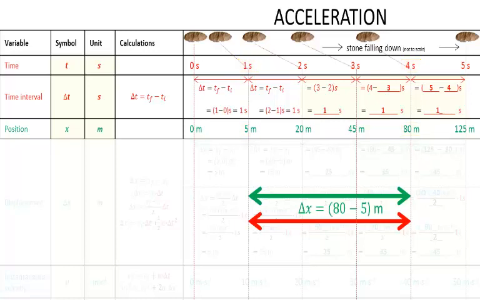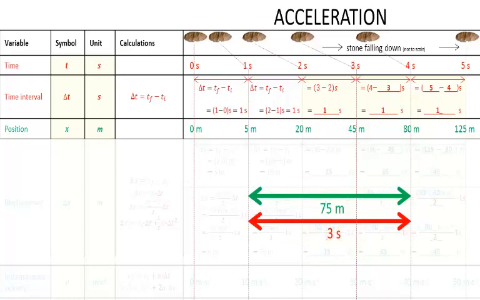So the change in position, the displacement, delta x, for this interval is 80 minus 5, which is equal to 75 meters. The duration of that interval is 3 seconds. How do we see that? Final time is 4 seconds. Initial time is 1 second. So 4 minus 1 equals 3 seconds. You can see the 3 seconds passing there.